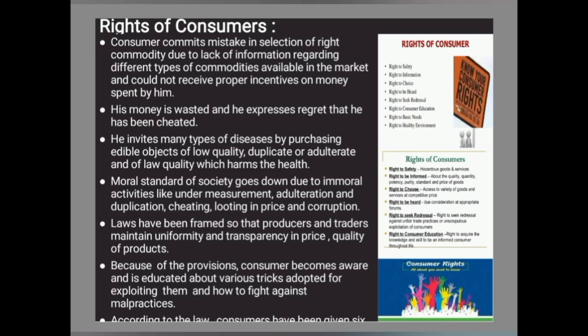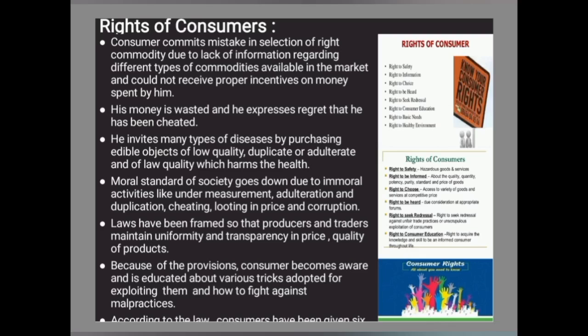The moral standard of society goes down due to immoral activities like under-measurement, adulteration and duplication, cheating, looting in price and corruption. Laws have been framed so that producers and traders maintain uniformity and transparency in price, quality, and quantity of product.